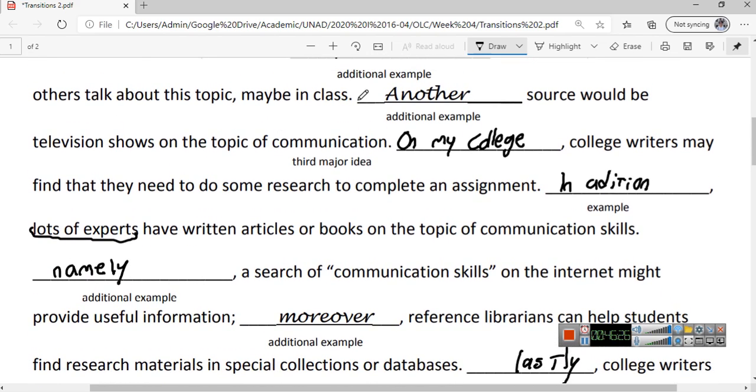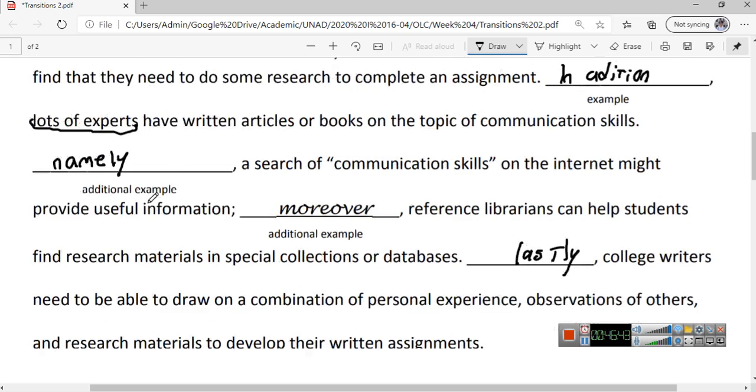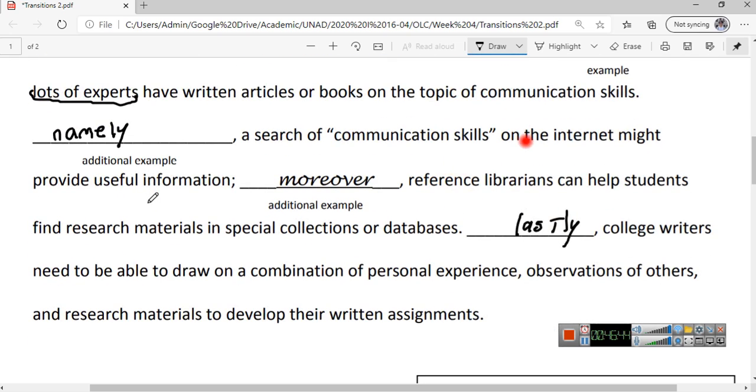So another source will be television shows on the topic of communications. In college, writers may find that they need to do some research to complete an assignment. In addition, lots of experts have written articles or books on the topic of communication skills, namely a search of communication skills on the internet might provide useful information.